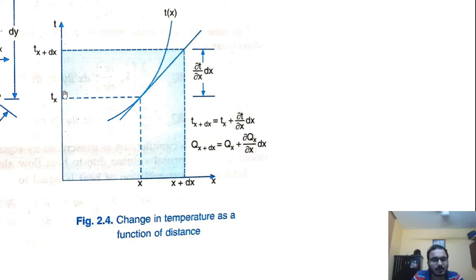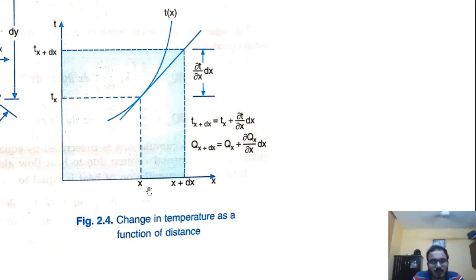Let us say that we are beginning with a location x where temperature is Tx. At a location x, temperature is Tx. This graph is of temperature versus direction x. So at x, the value of temperature is Tx, and at a distance of x plus dx. So this portion will be dx.